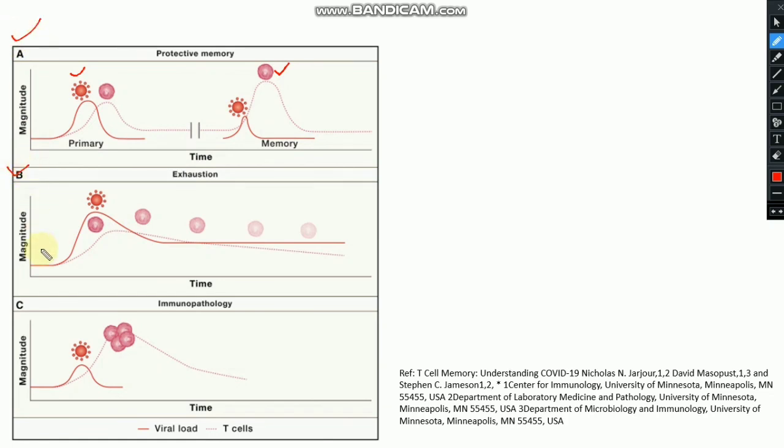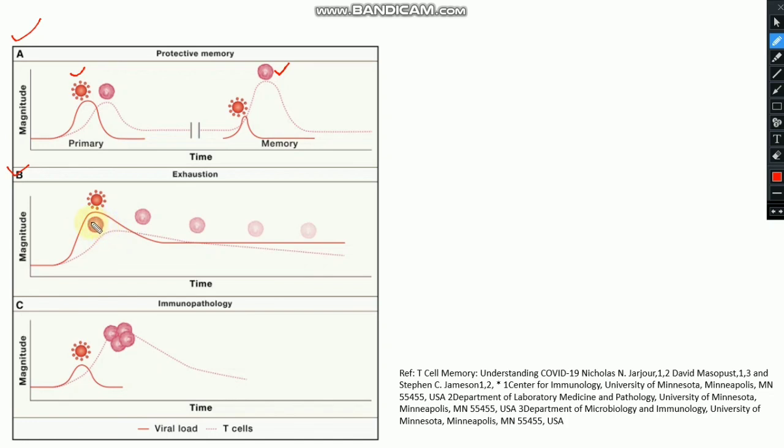In the case of secondary infection, when the T cell population is higher, there is one important point I would like to mention: in some cases the immune response is not sufficient to eliminate or destroy the pathogens. The same thing happens here.